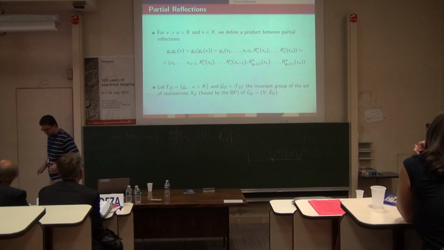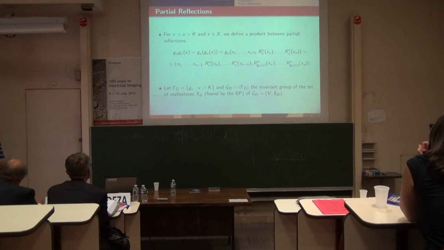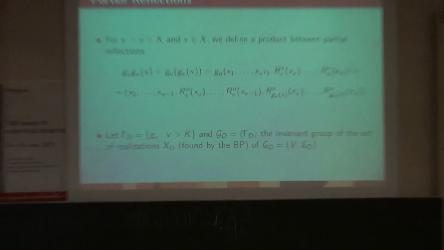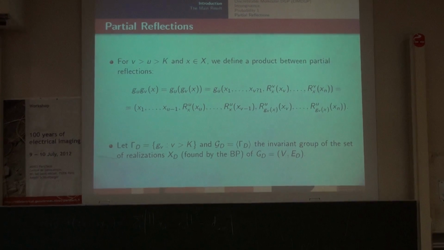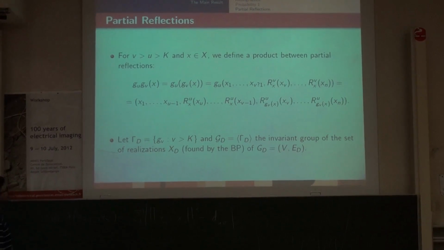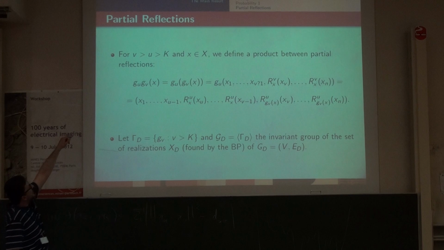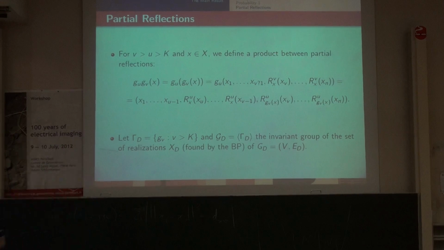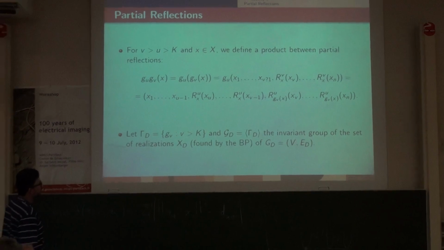So in fact, we can define a product of partial reflection operators, considering the composition of two functions like this, and using this multiplication, we can put a group structure on these partial reflection operators. We can prove all of the properties of a group. In fact, they are also commutative, so it is an Abelian group.